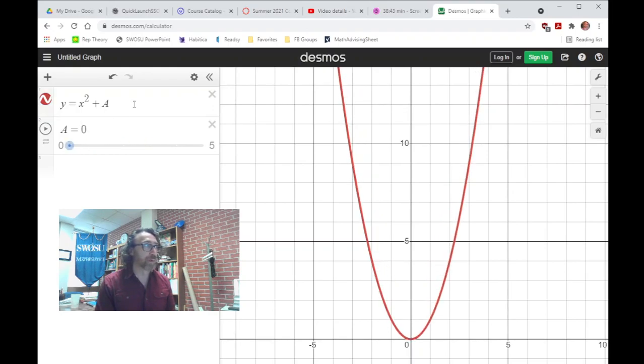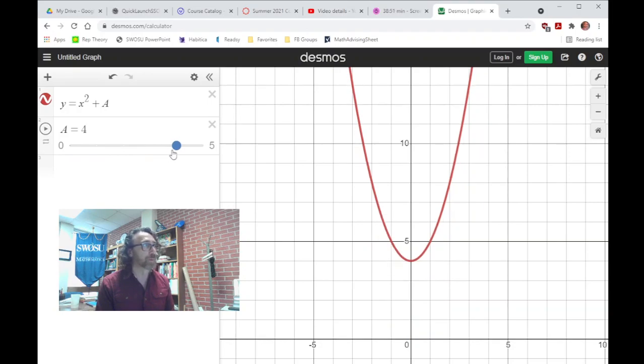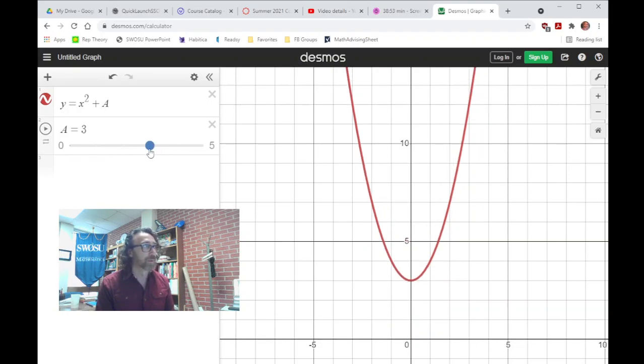That's the original squaring function, because this is x squared plus 0, x squared plus 1, x squared plus 2, x squared plus 3, x squared plus 4, x squared plus 5. Notice the pattern there. That's affecting the graph in the up and down direction. That's affecting the y-axis. And notice it's more direct. You add, you go up, like you would expect. And of course, if we were to subtract, the graph would go down.